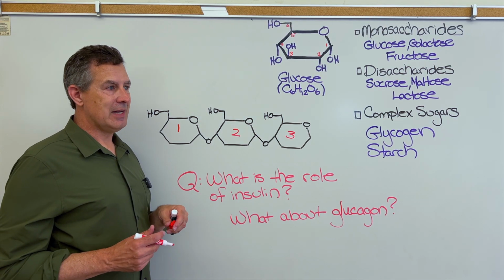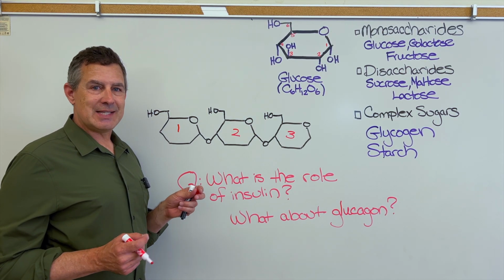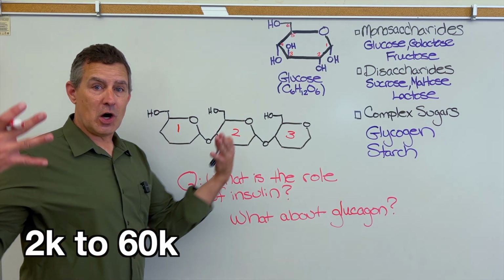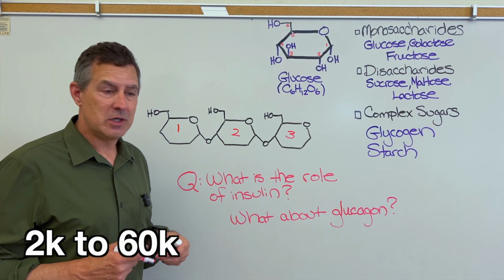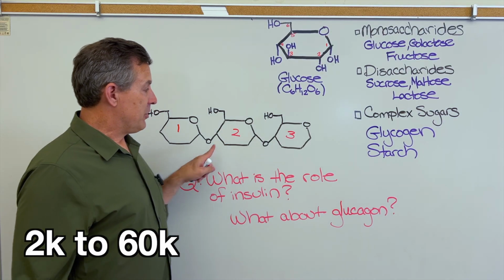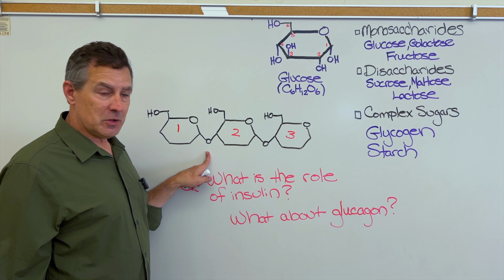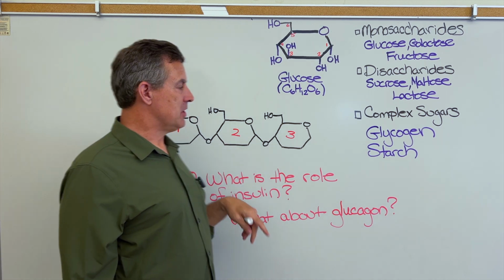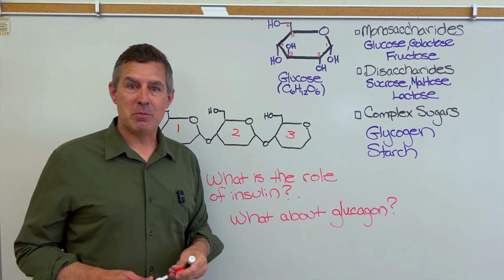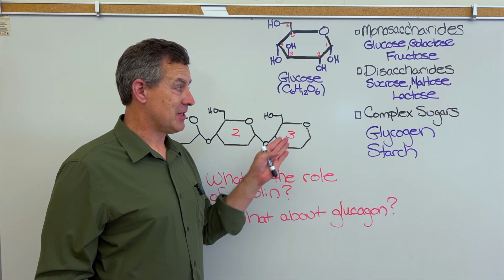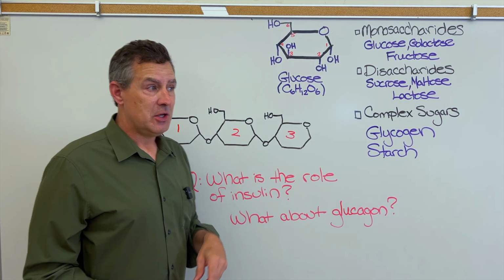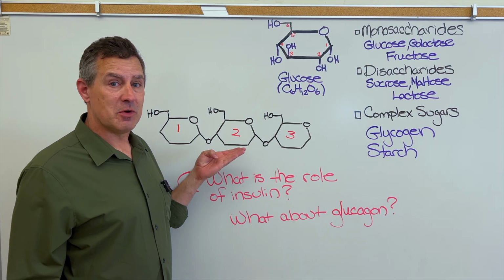Glycogen molecules tend to be 2,000 to 60,000 glucose molecules, all covalently bonded to each other. But this is stored within the liver and to a lesser degree within skeletal muscle. Starch looks somewhat similar to this, but since we're talking about human physiology, we're focusing on glycogen for now. So glycogen is the storage form of glucose.